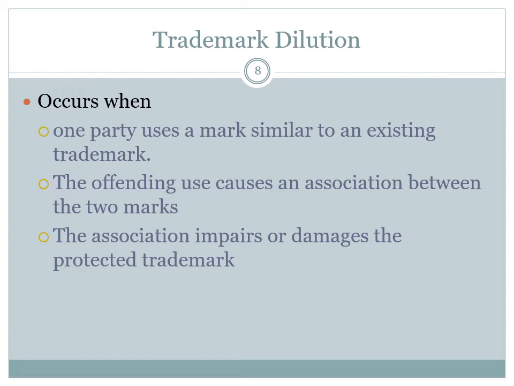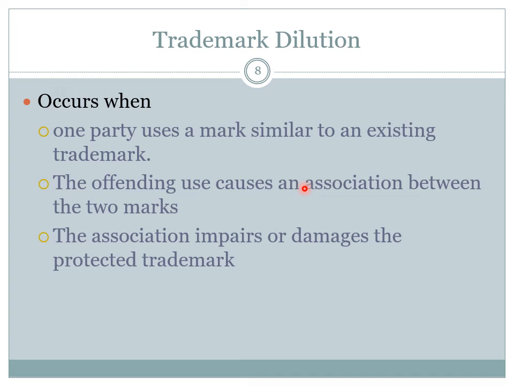All right. So let's shift gears for a minute and talk about trademark dilution. It's the second tort I want us to be familiar with as it relates to trademarks. And it occurs when a similar trademark is used that causes an association.